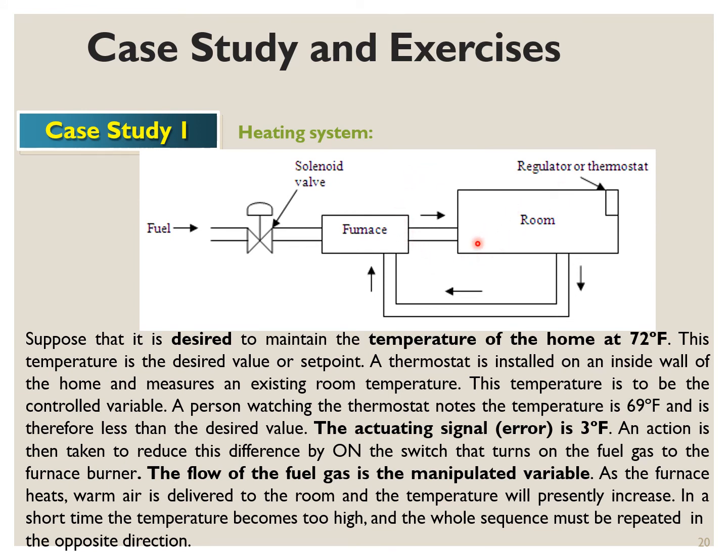So that means, the temperature of the home we want to set at 72 degrees, and if the sensor detects a temperature of 69 degrees, the person sees the thermostat, notes it, and then starts to turn on the fuel gas, so that the fuel gas will feed into the furnace burner.